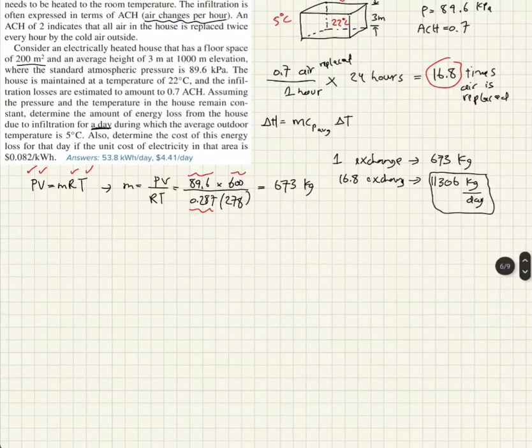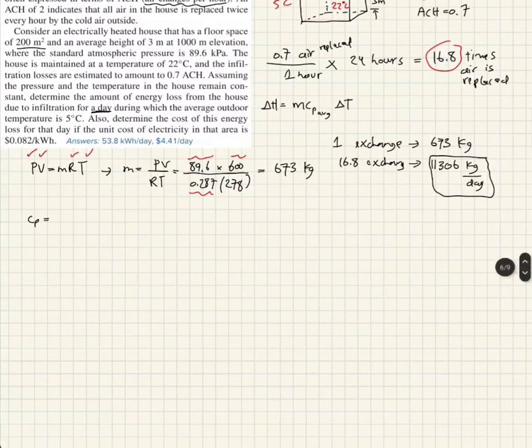Once we have that, we can replace this value here. We have to find Cp, and we know delta T. What is Cp? We just look at the table of air properties, and for Cp we have a value of 1.007 kilojoule per kilogram Celsius. Now we just plug in the data.